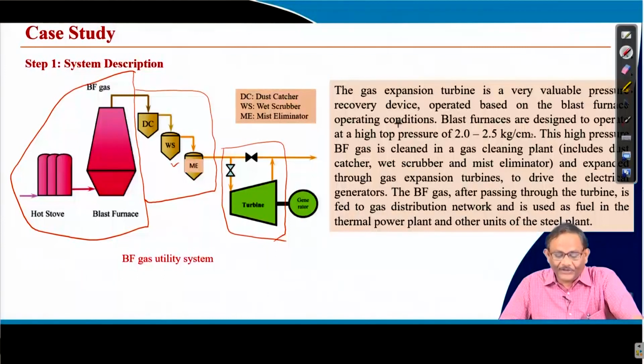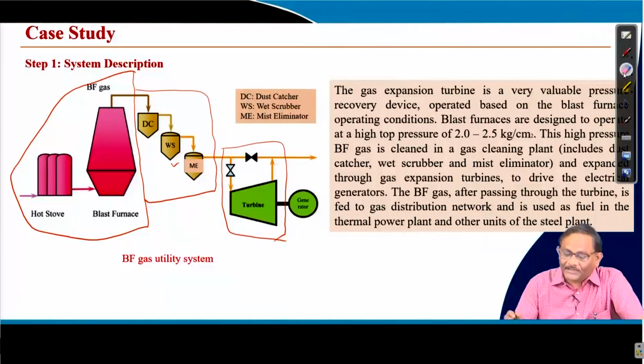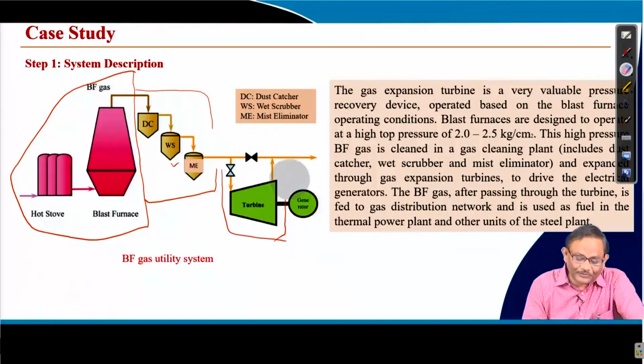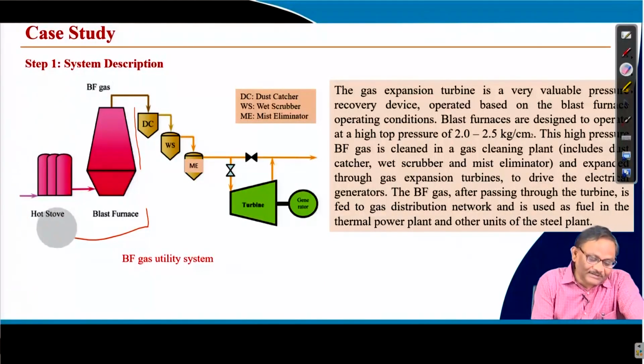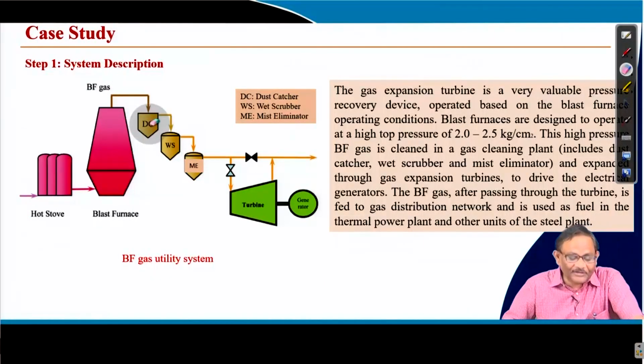So this is what is explained here, that this is our system. Now you want to adopt risk-based maintenance. How can you do it? If you go by the approach we have discussed so far, we said first divide the system into manageable units, and then consider each unit one at a time, and then you continue doing it.